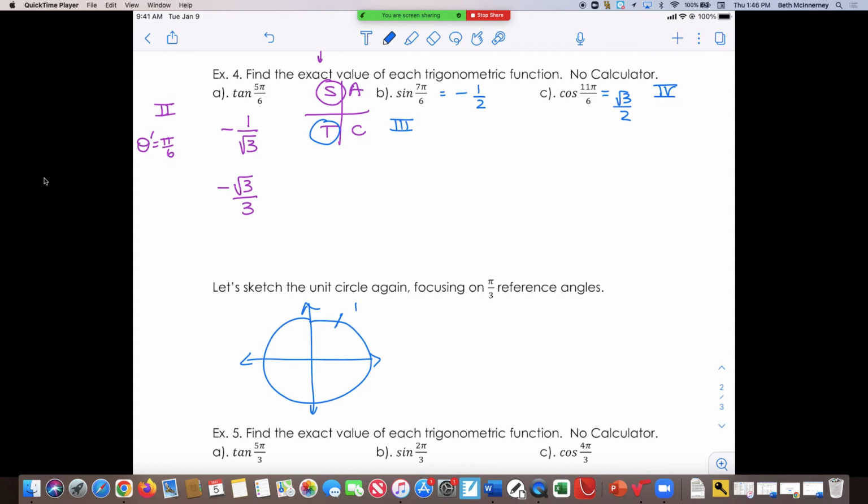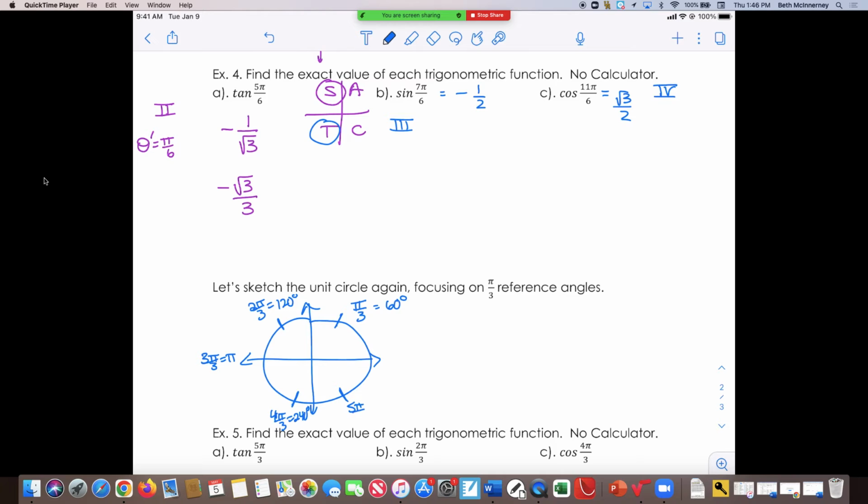So pi over 3 is 60 degrees. So then if I want to be 60 degrees away over here, that's 2 pi over 3, which is 120. Now another pi over 3 is 3 pi over 3, which is pi. Then I'm going to go another pi over 3, which is 4 pi over 3, which is 240.